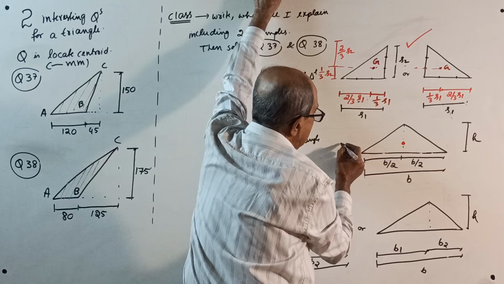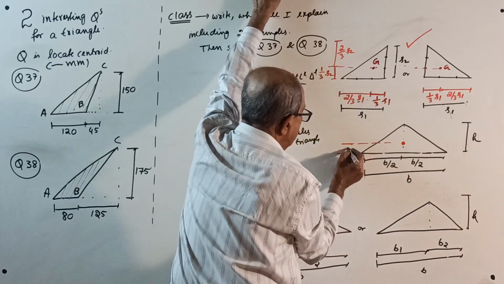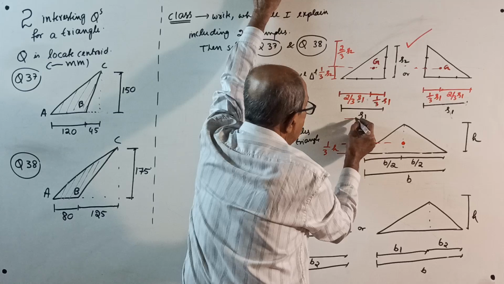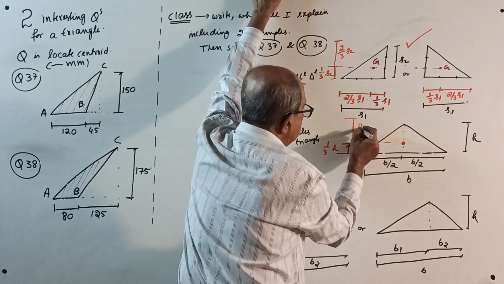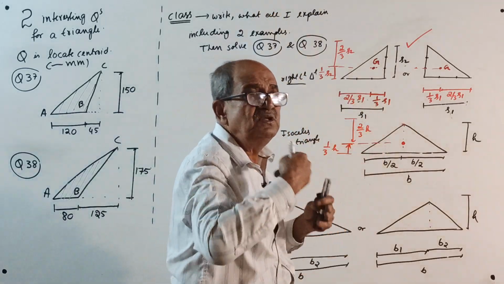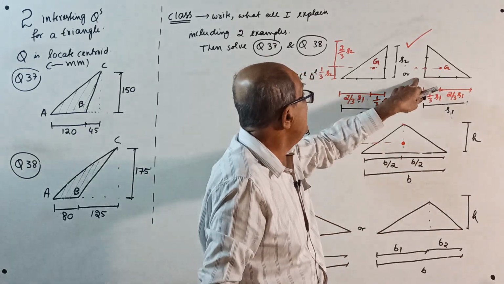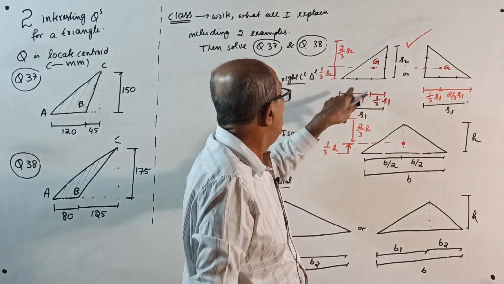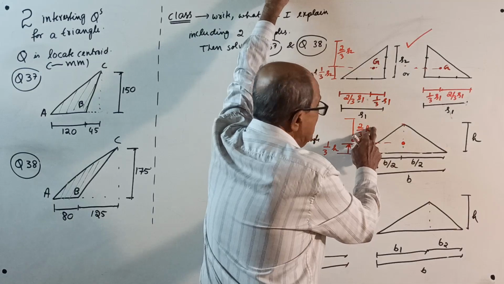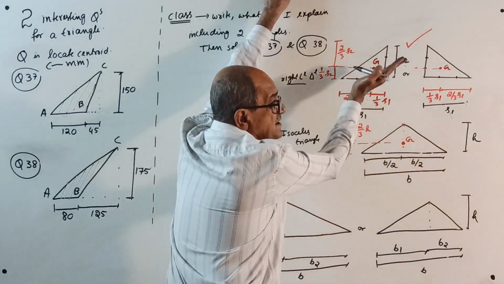How much? Along the height, the centroid is 1/3 of H from the base, and 2/3 of H from the top. What about along the base? Here there is no question of base and height along S1, S2. This is the centroid location along the height.